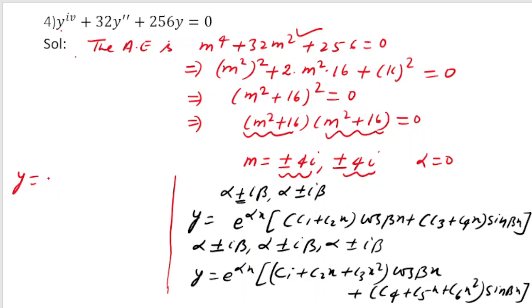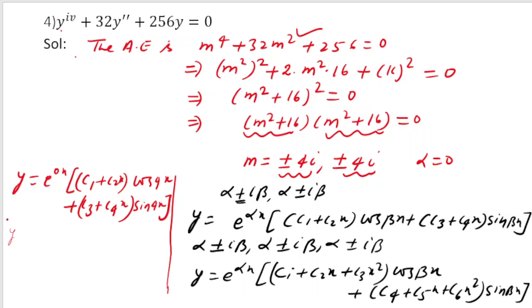So the solution will be e^(0x), and then (c1 + c2x) cos 4x plus (c3 + c4x) sin 4x.